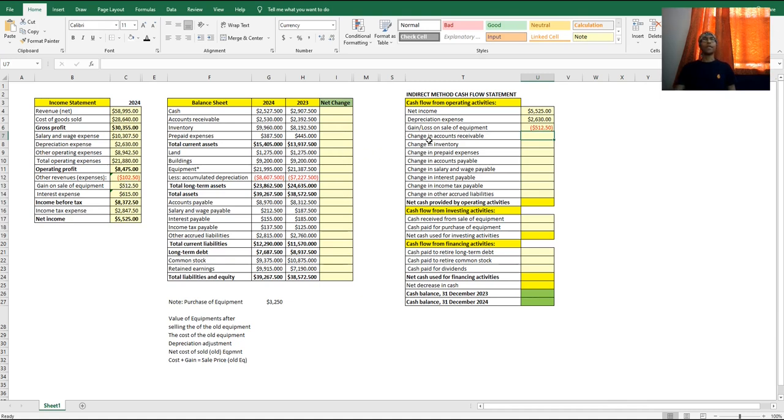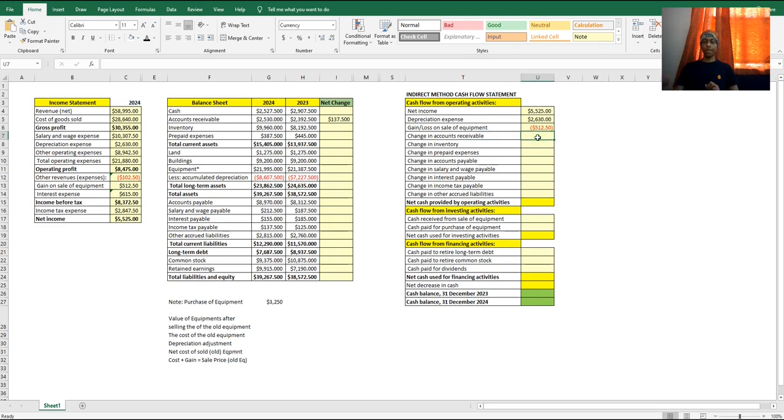Change in accounts receivable. Now we have to see if there is an increase or decrease, friends. Accounts receivable: 2530 minus 2392.5. There is an increase of receivables here, friends. So if the receivables have increased, this represents a net cash outflow.